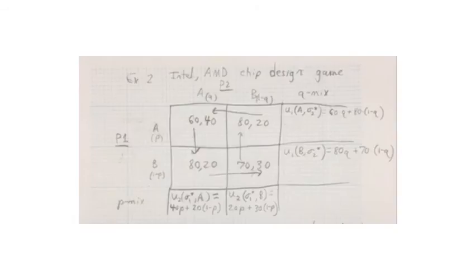And with probability 1 minus P, they're going to guess wrong by choosing A, and they're going to get a payoff of only 20.